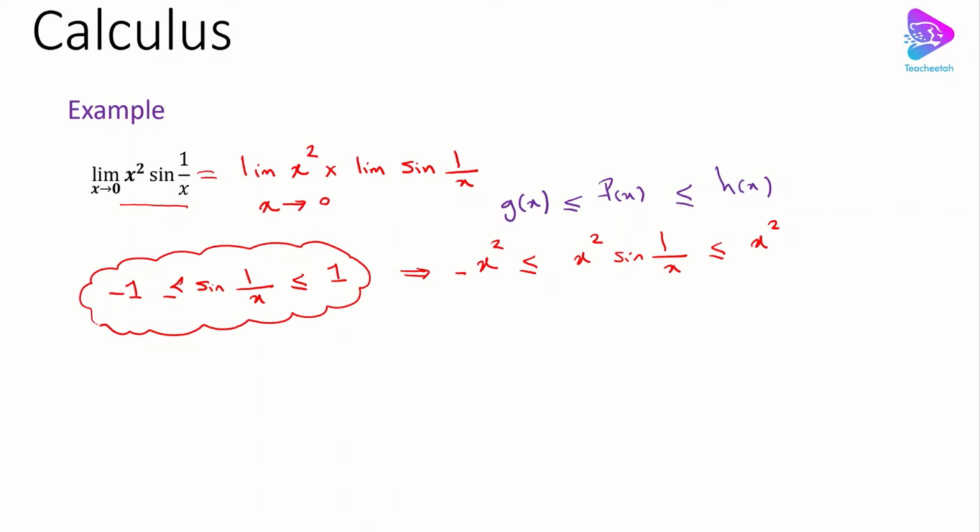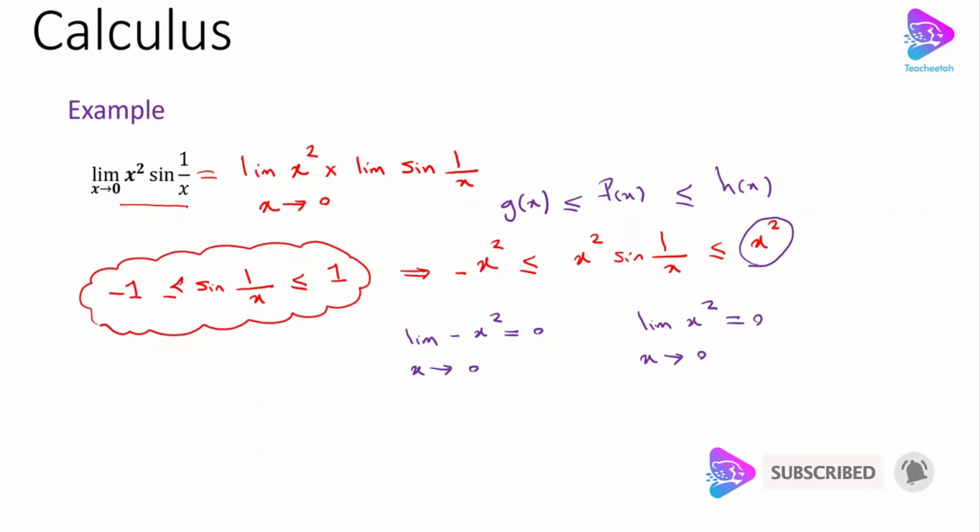The limit of the three different functions that we have in here: the limit of minus x squared, which is g of x, when x is approaching 0 is 0. The other term is x squared, and the limit of x squared when x is approaching 0 is 0. We just need to plug in 0 instead of x, and the answer is 0.